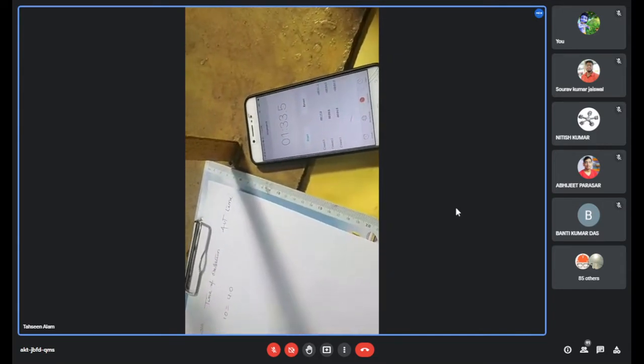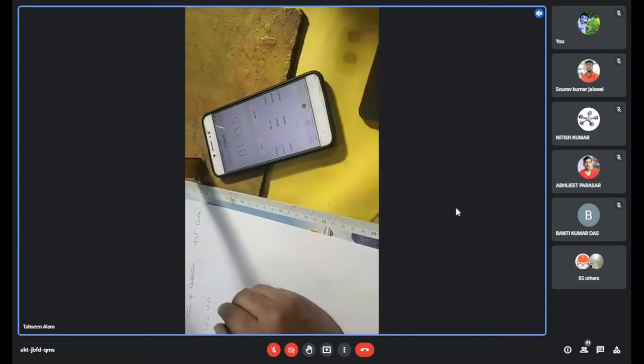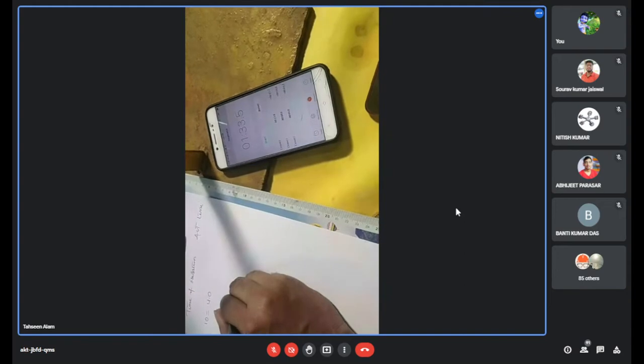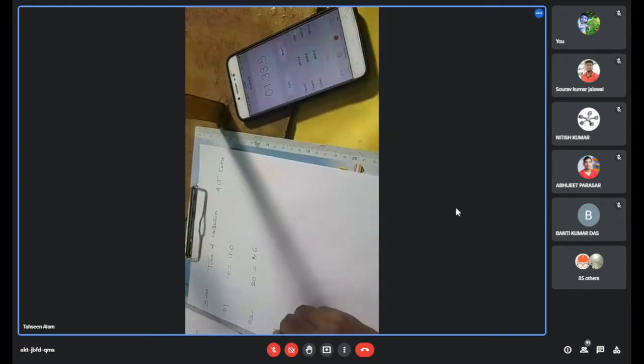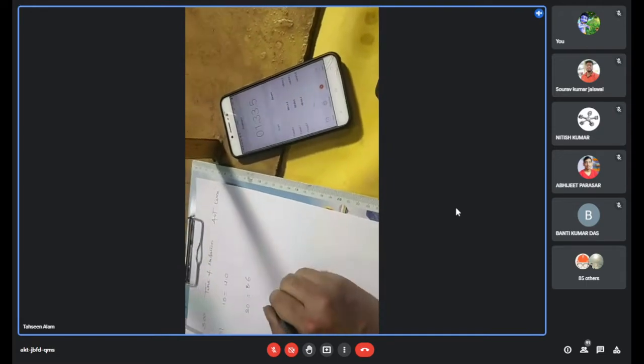For 20 oscillations it was 8.6 seconds total, and for 30 oscillations 13.8 seconds.